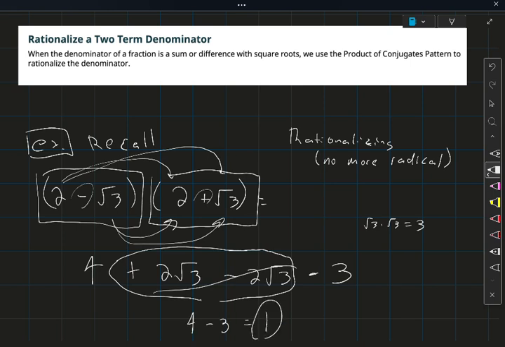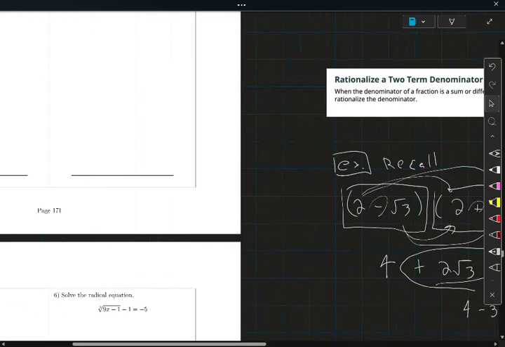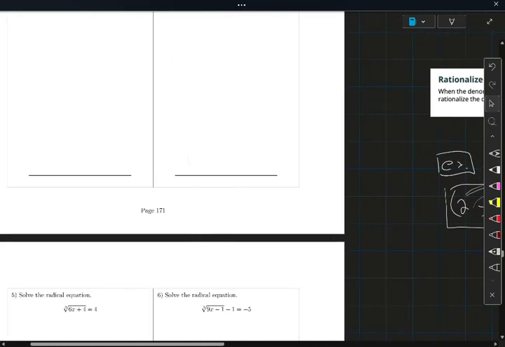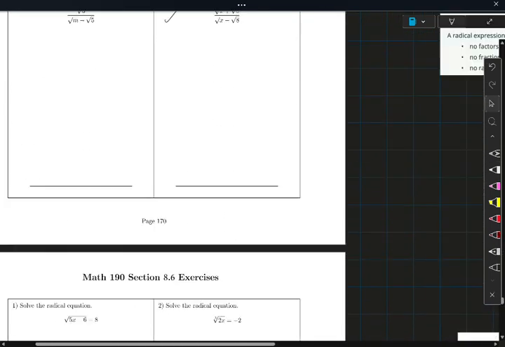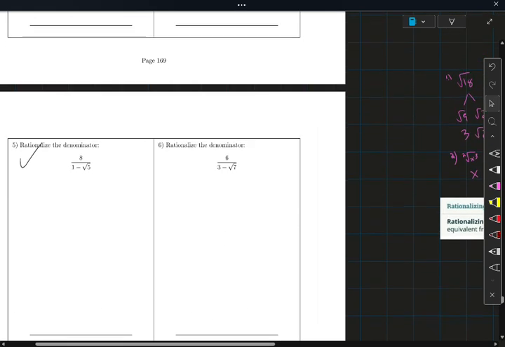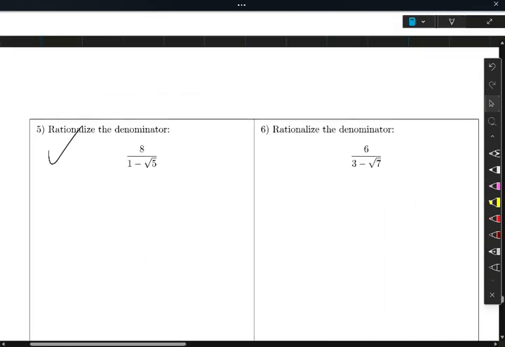So this is kind of like the same concept of a plus b, a minus b, right? When you're factoring a squared minus b squared, a difference of 2 squares. Same concept right here. The middle 2 terms cancel out. All right, so let's take that concept right here and do a couple of examples. We have 8 over 1 minus root 5.